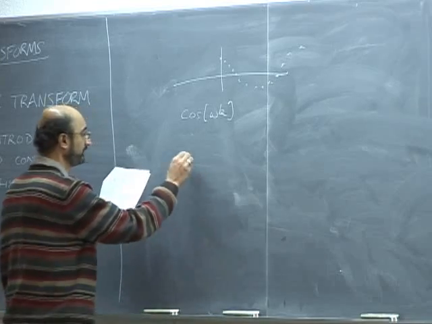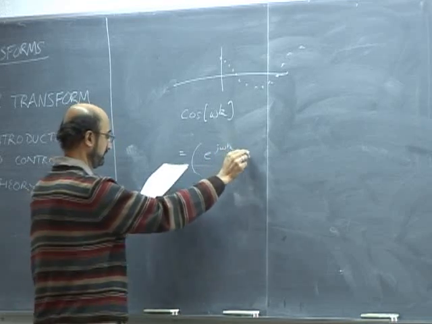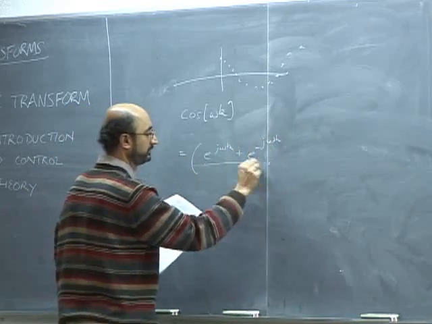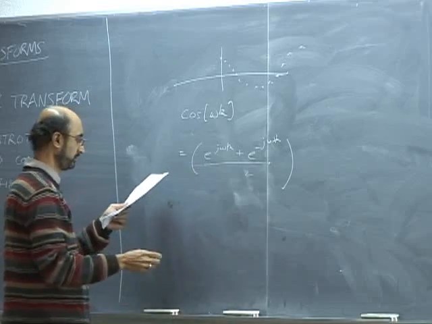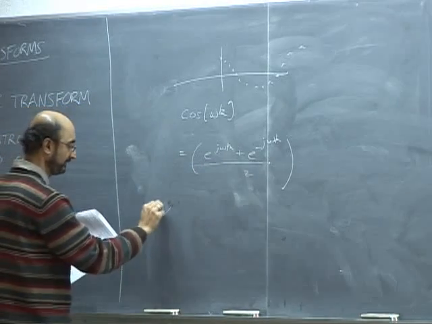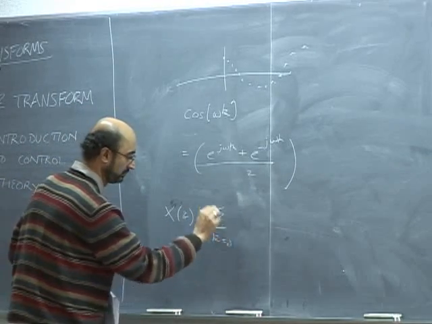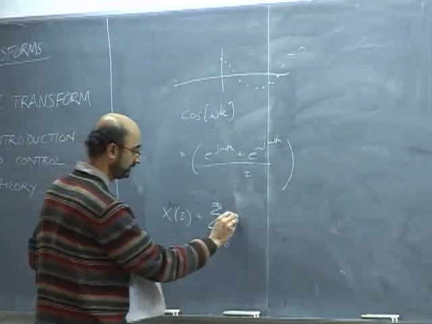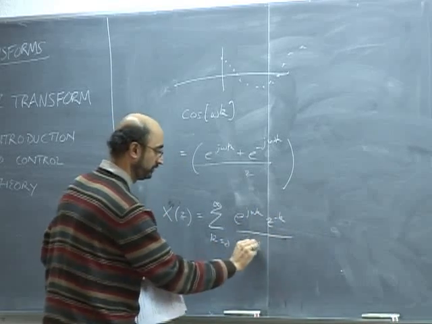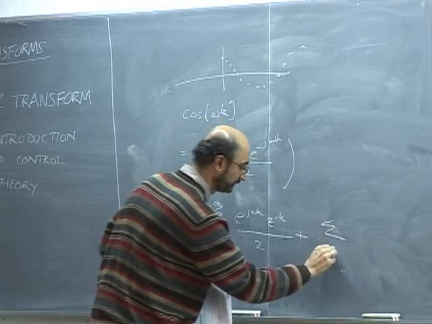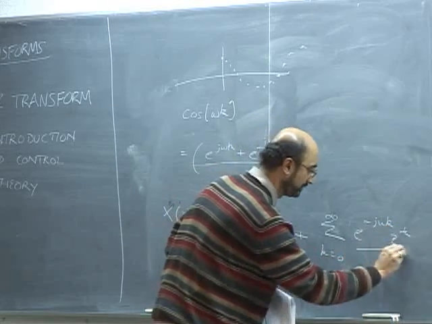So we can compute the z transform by rewriting this as e to the j omega k plus e to the minus j omega k, over 2. Then this gives us basically X(z) equals sigma k equals 0 to infinity of e to the j omega k z to the minus k, over 2, plus sigma k equals 0 to infinity of e to the minus j omega k z to the minus k, over 2.